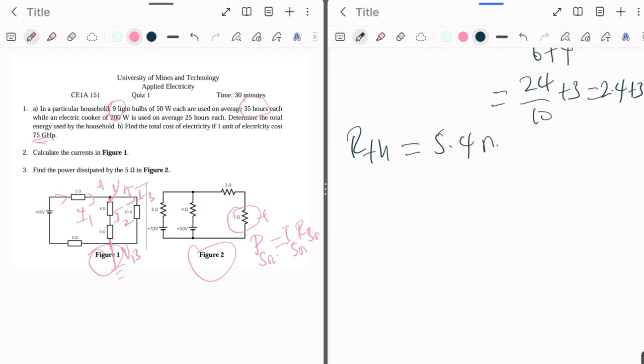Now with this, we've now gotten our equivalent circuit.